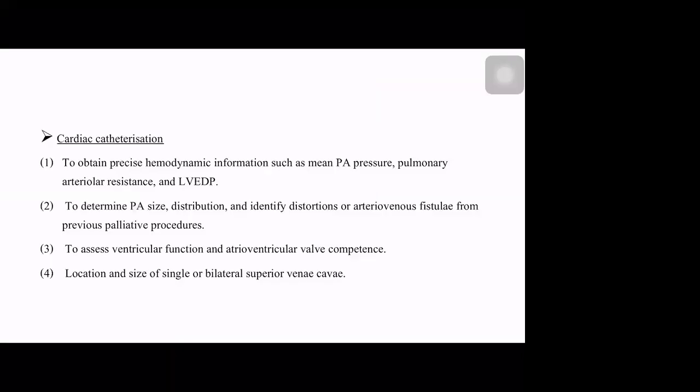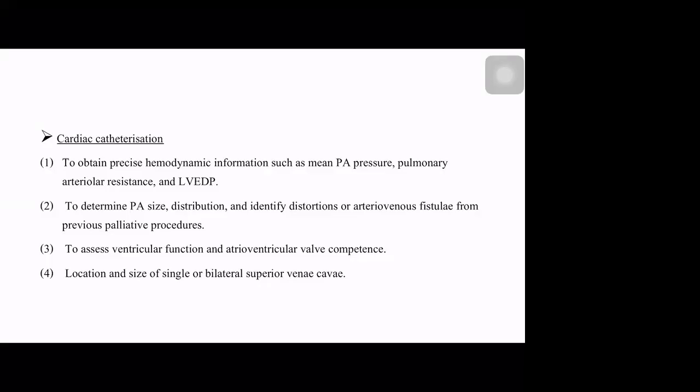In some situations, the echocardiogram is not adequate enough to diagnose, so we might require cardiac cath. But apart from that, cardiac cath is also required to obtain precise hemodynamic information such as mean PA pressure, pulmonary vascular resistance, that is PVR, and LVEDP.